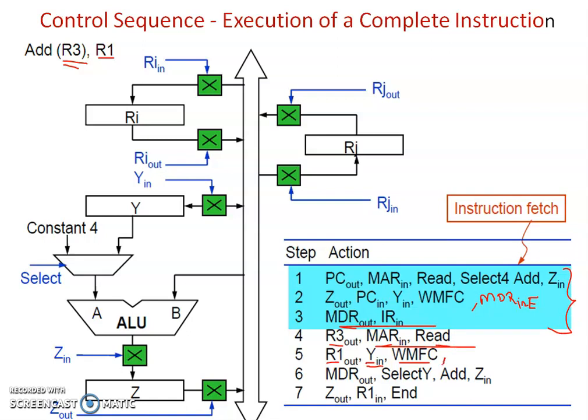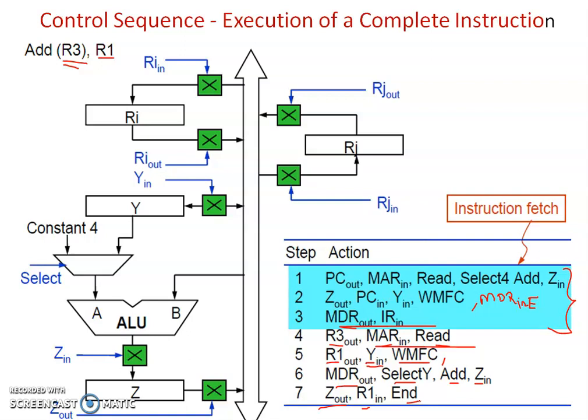So here itself you can include this MDR out also. MDR out in the fifth step itself you can mention. And sixth step, select Y, add Zn. You will be getting the result in Zn. Then Z out, load the final result to R1 register, and end is the end of the control sequence.